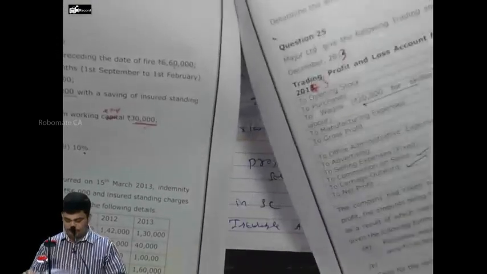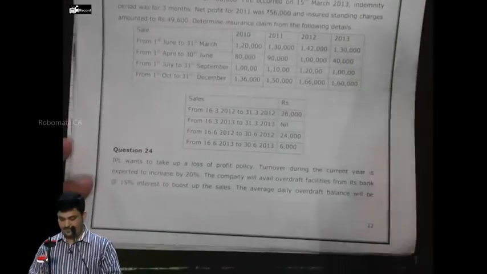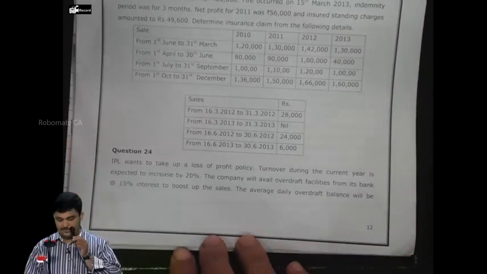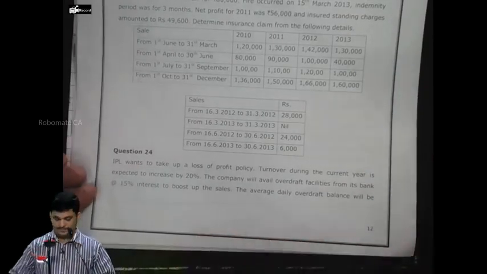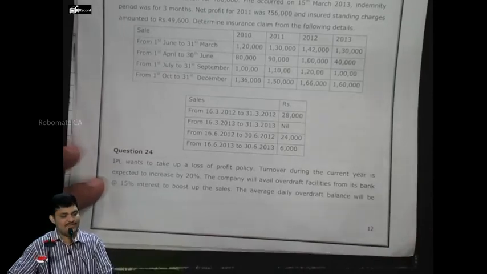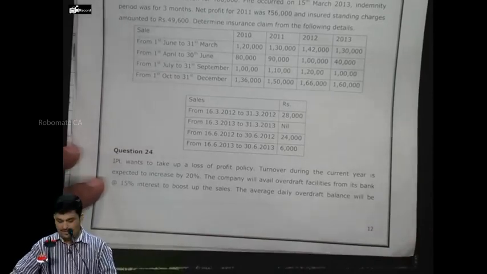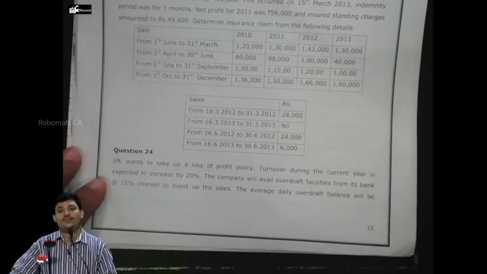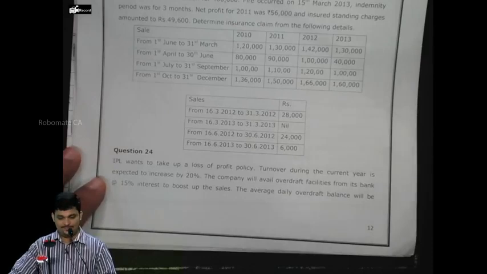Question number 24, highly relevant in the month of April. Question number 24, page number 12. IPL wants to take up a loss of profit policy.